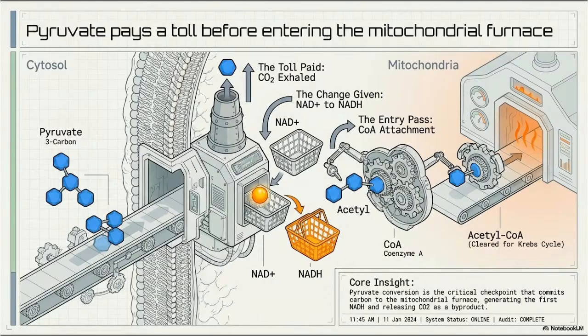If it proceeds from pyruvic acid, the next thing is acetyl-CoA. Acetyl-CoA, and I remember I used to ask that question, why is acetyl-CoA regarded as the central pivot of cellular respiration?